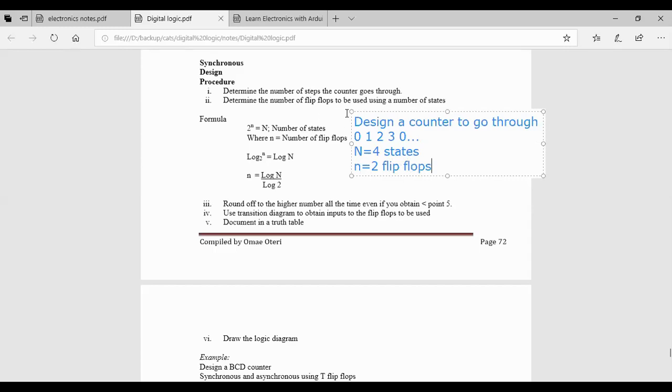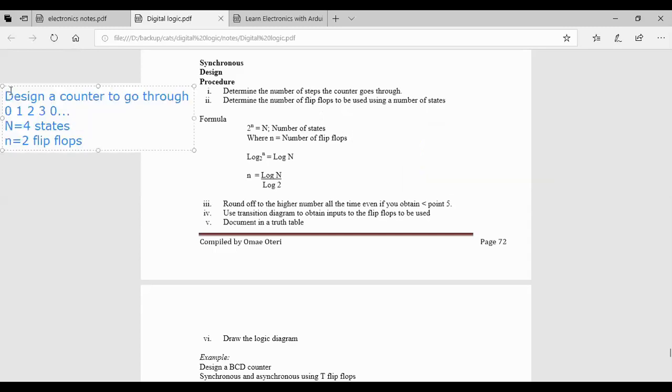So from here, now we do the truth table. So we have 2 flip-flops. We do the truth table here for the 2 flip-flops. So we have A, so I want you to look at this keenly.